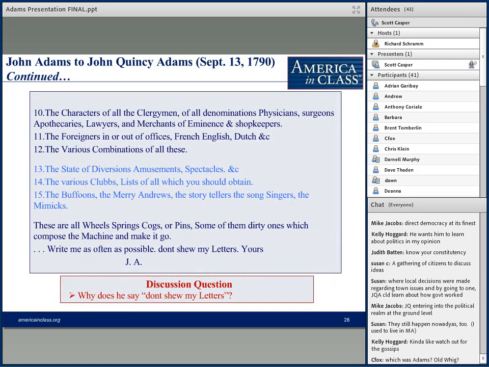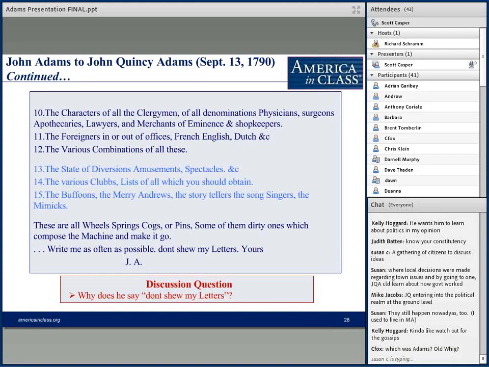Moving forward, the rest of this letter, number 10, 11, and 12, the characters of all the clergymen of all denominations, physicians, surgeons, apothecaries, lawyers, and merchants of eminence, and shopkeepers, the foreigners in or out of office, French, English, Dutch, etc., the various combinations of all these. 13, 14, and 15, the state of diversions, amusements, spectacles, etc., the various clubs, lists of all which you should obtain, the buffoons, the merry andrews, the storytellers, the song singers, the mimics.